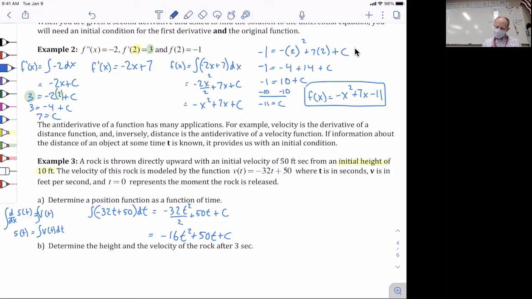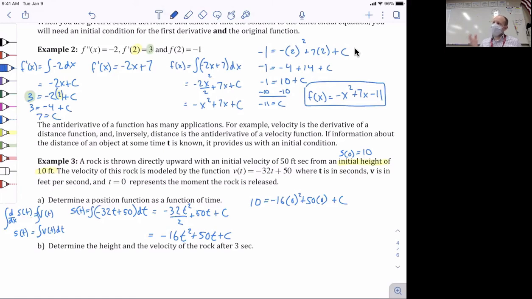So what that really means here is that s at time 0, the position at time 0, is equal to 10. And notice that is the function that we're looking for, s at t. So if I plug 0 in for t, the answer should be 10. So 10 equals negative 16 times 0 squared plus 50 times 0 and plus c.